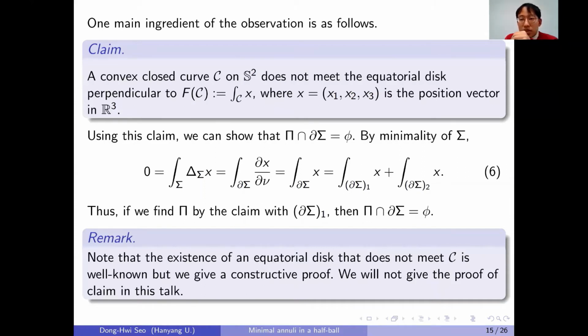So we can show the first observation in the previous slide. Actually, the existence of an equatorial disk that does not meet a given convex curve on the sphere is well known, and it is proved by integral geometry methods. This claim gives a constructive proof of that fact.